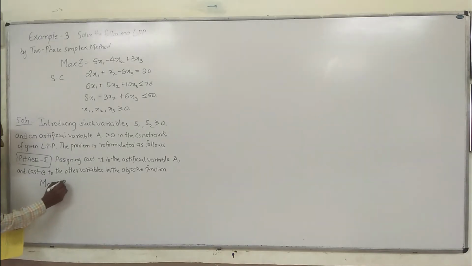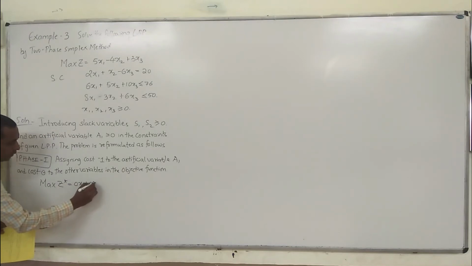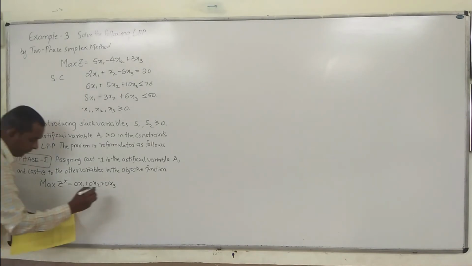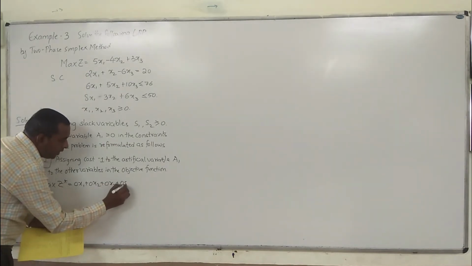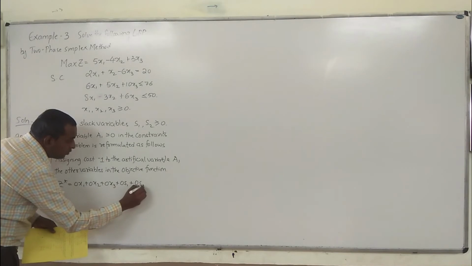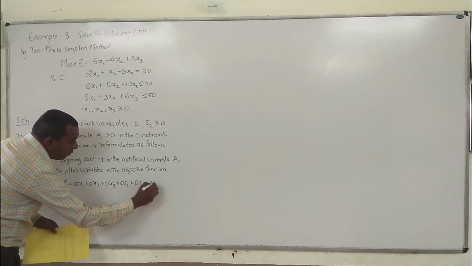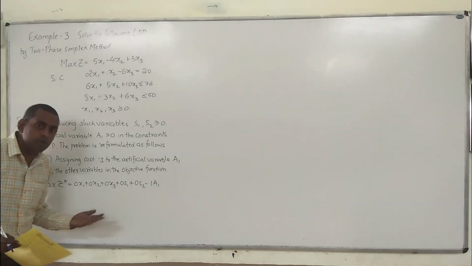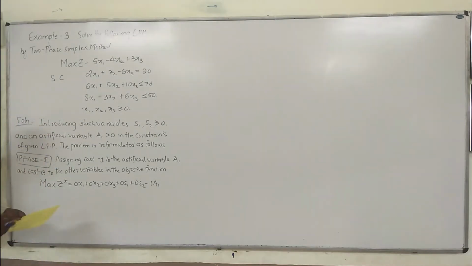That is, max z star is equal to 0x1 plus 0x2 plus 0x3 plus 0s1 plus 0s2 minus 1a1. This is the objective function of the auxiliary LPP.